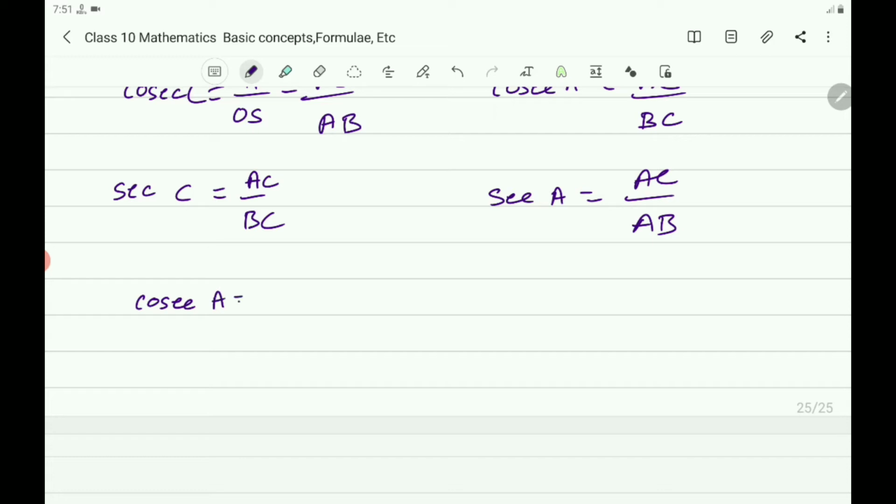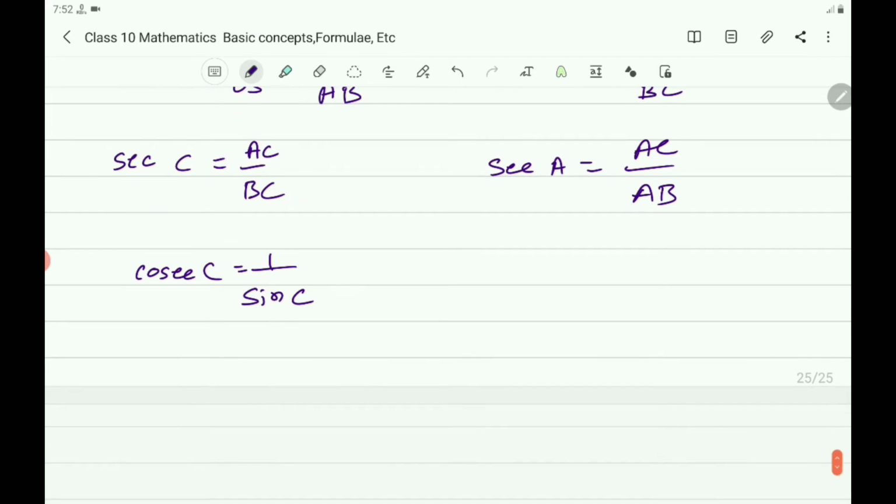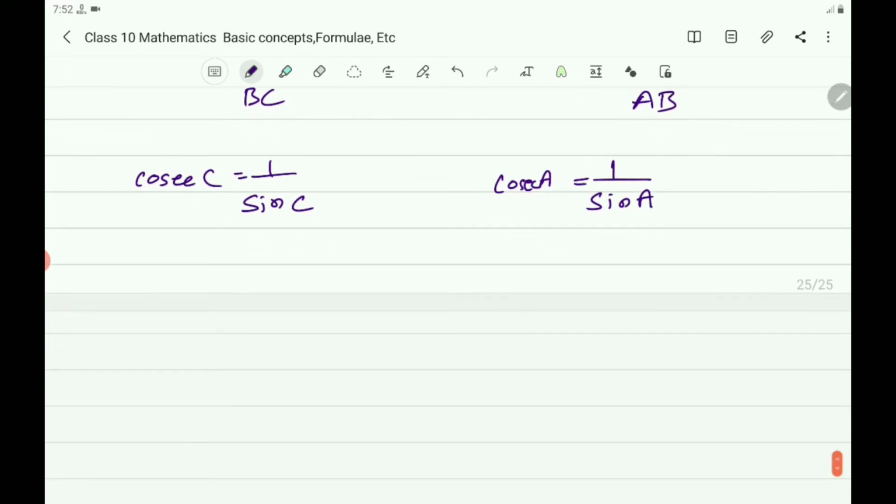Also you must know the relation: cosec A is equal to 1 by sin A, or cosec C is equal to 1 by sin C. So for all, cosec is the reciprocal of sine and sine is the reciprocal of cosec.